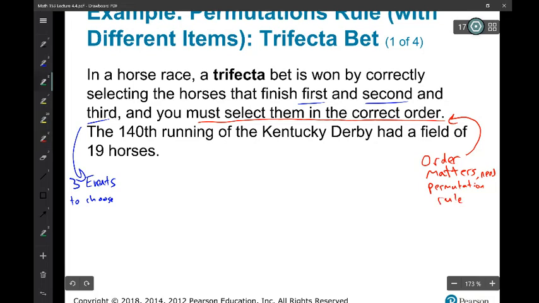The 140th running of the Kentucky Derby had a field of 19 horses. So this 140 here is to confuse us. Really, there's a field of 19 horses, means there's 19 total to choose from.